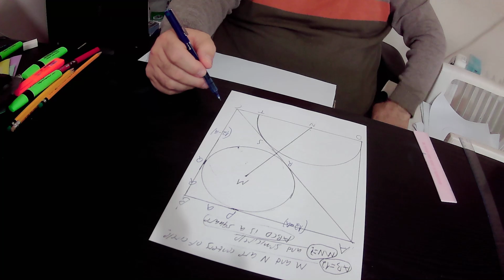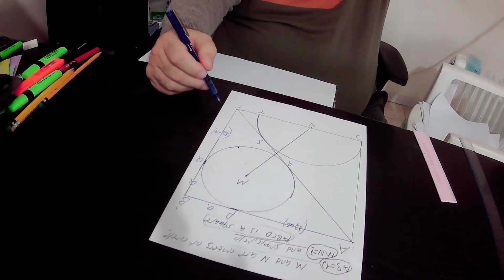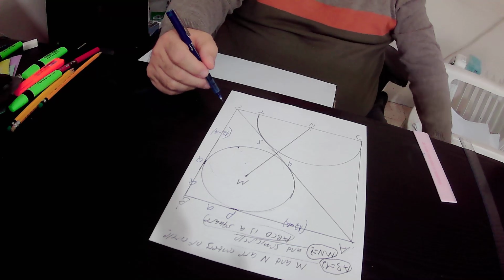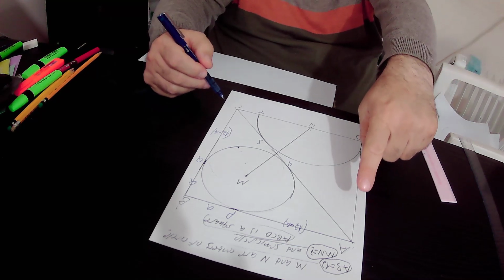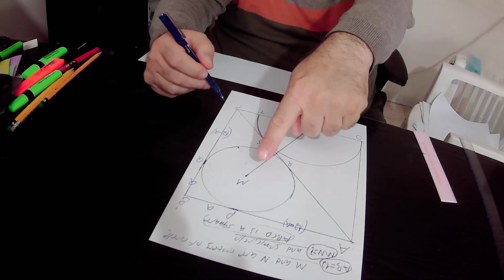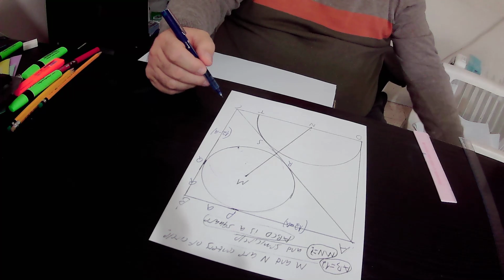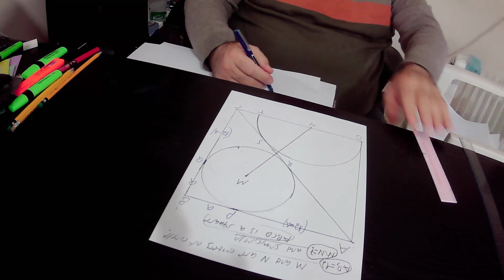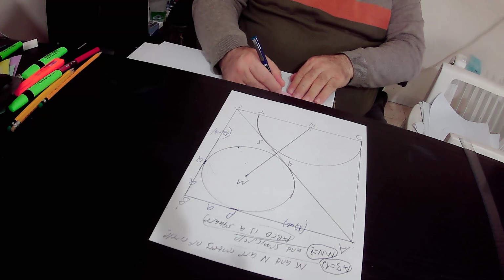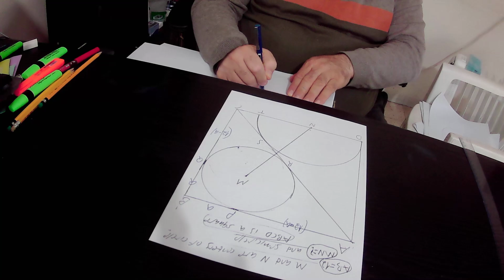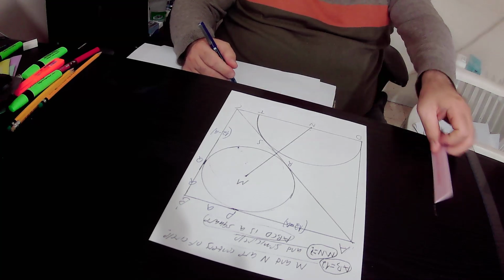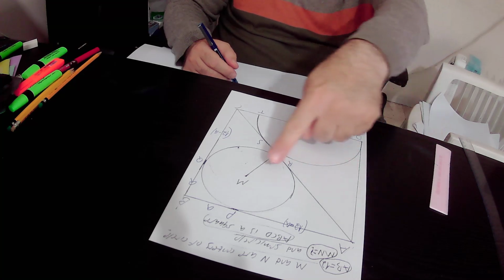So, in the next step, we will focus on point A. Point A is an external point in relation to this circle. So from the external point, point A, we have two tangents to this circle.